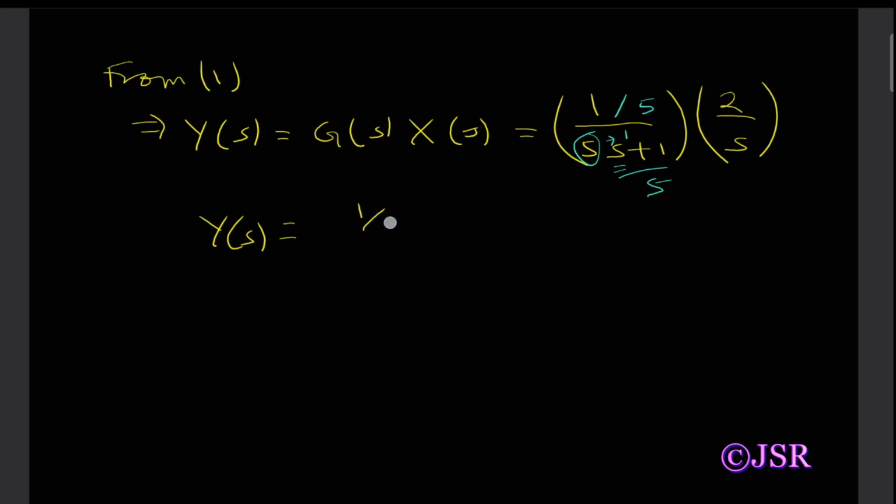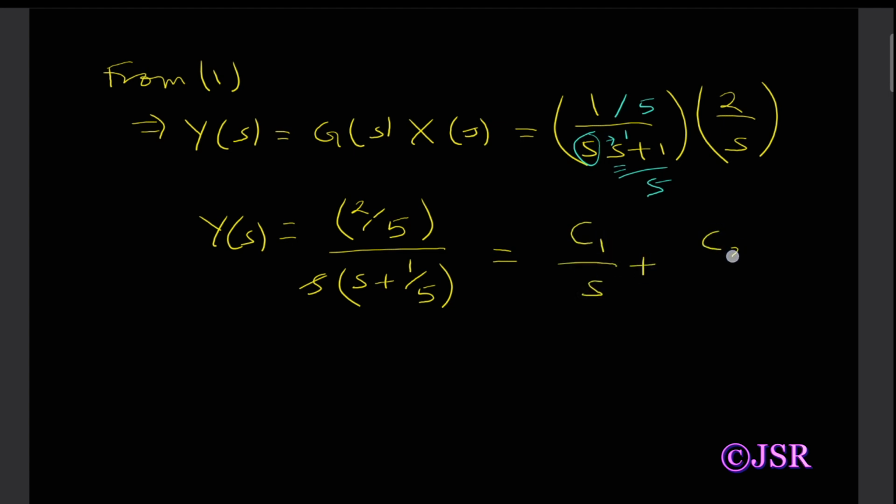So here we have 1 by 5, and this will be s plus 1 by 5. And this will be 2 by 5. So here we can write C1 upon s plus C2 upon s plus 1 by 5.